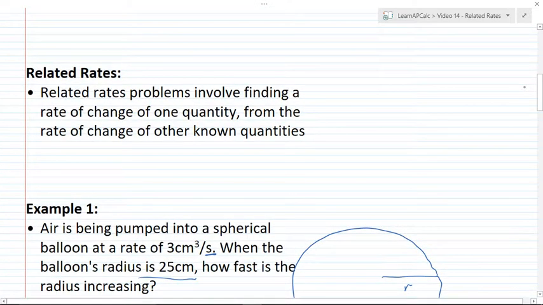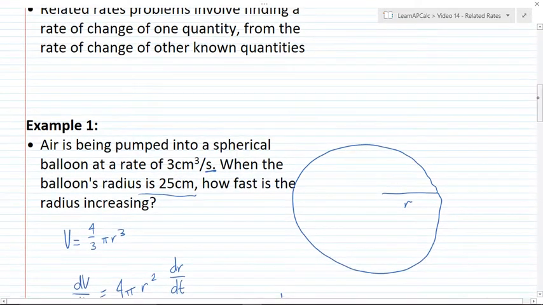So the idea of related rates is that we have a known quantity and we want to find the rate of another quantity. So the example I gave is that air is being pumped into a spherical balloon at a rate of 3 centimeters squared per second.